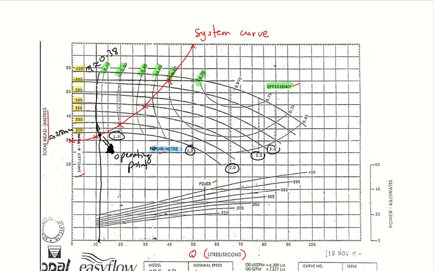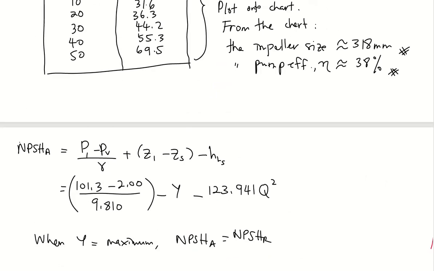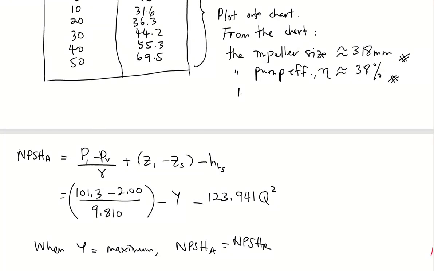So approximately the NPSHR is around 0.6. From the chart, NPSH R is approximately 0.6.